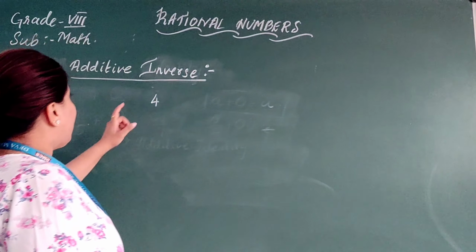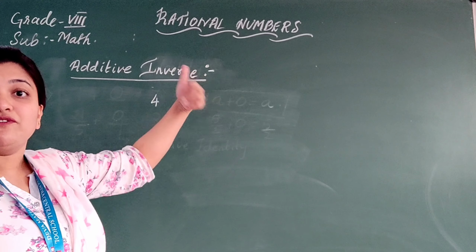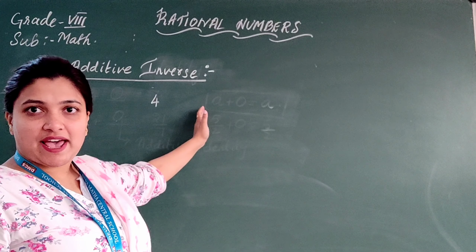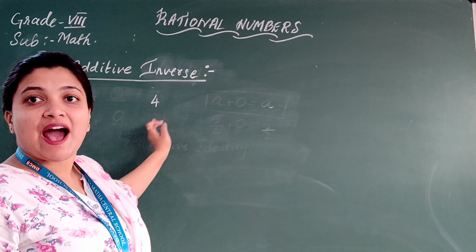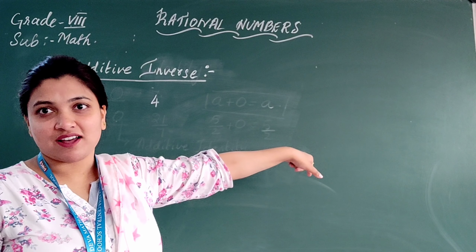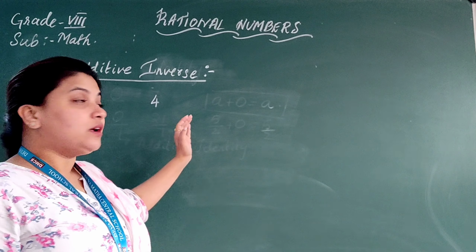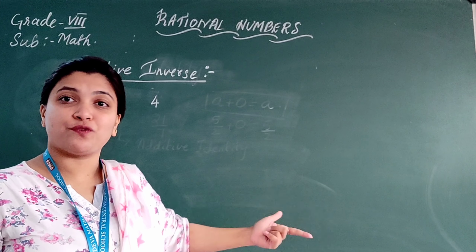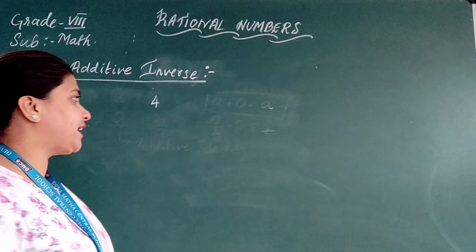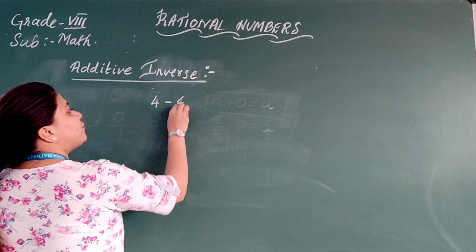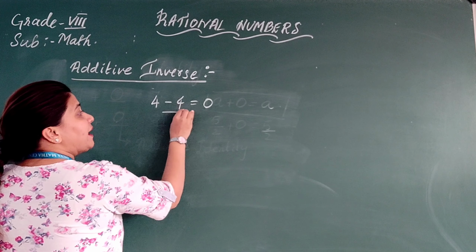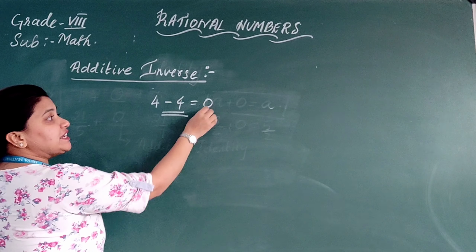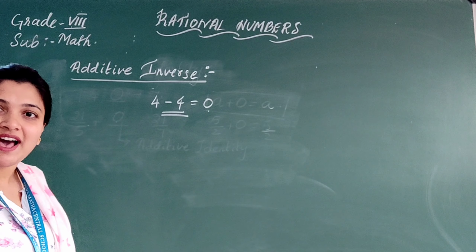Yes? So, now additive inverse means, when I add or subtract a number from 4, I should get 0 as the answer. So 4 minus 4 is equal to 0, correct? So minus 4 is called the additive inverse because it gives my additive identity.